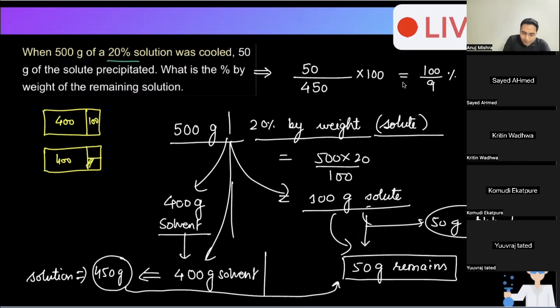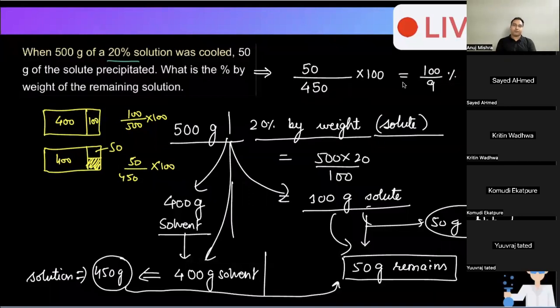Some portion of this part got precipitated. This remained 50. So initially your percentage was 100 divided by 500 into 100. Later it became 50 divided by 450 into 100. This is simple maths we have done. I think this is a very reasonable explanation, which explains everything very properly.